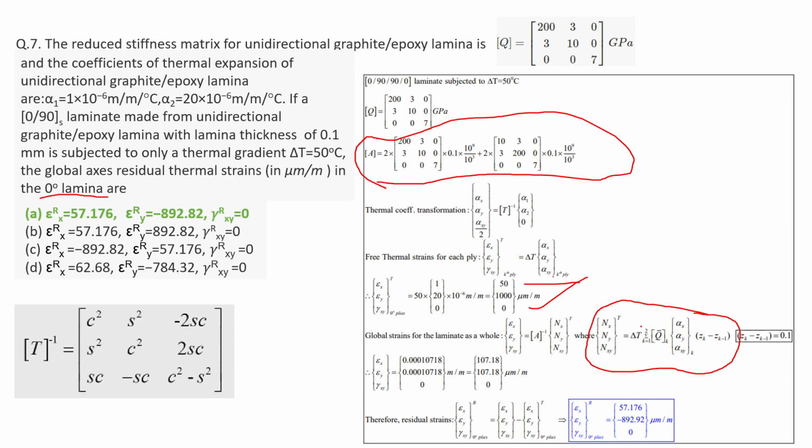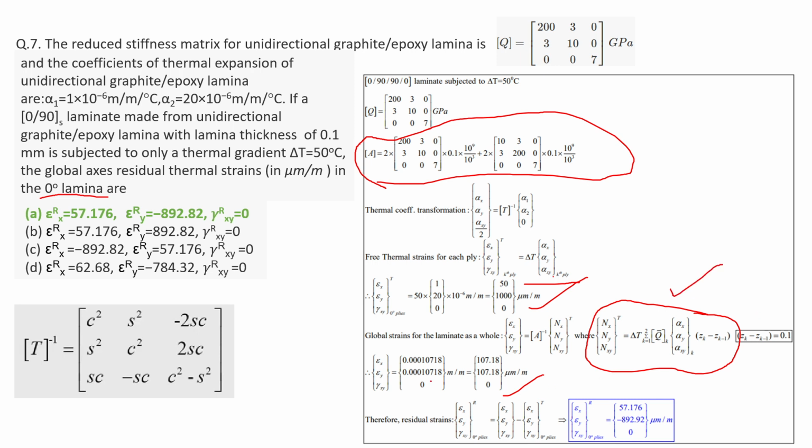Once we get this load value, and the A inverse value after getting the A matrix, we will multiply these two and we can get the global strain of the laminate as a whole. So it's the same concept as before, but the only thing different here is the load because of temperature difference. And to find that load, we have to use this equation.